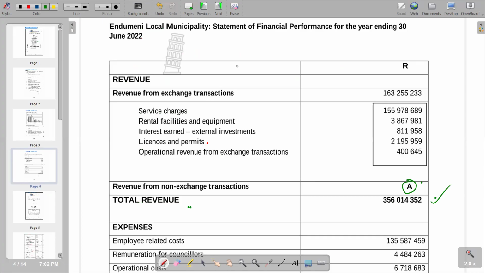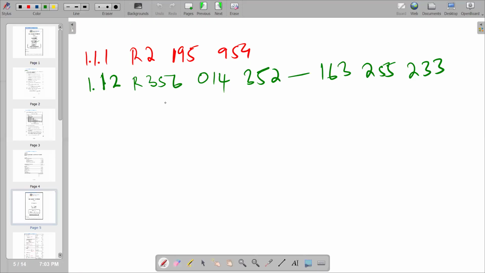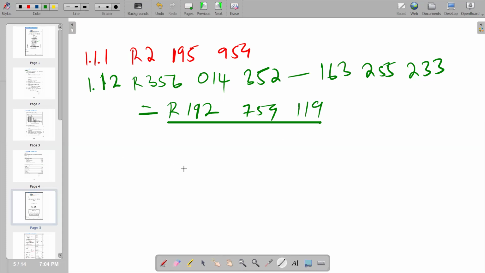From there, we can calculate the figure. If we calculate correctly, the figure we are supposed to get becomes 192 million, 759,000 and 119 rands. So this becomes your final answer.